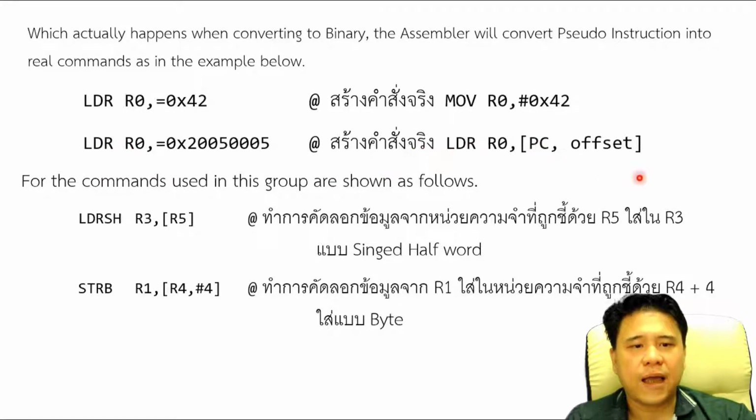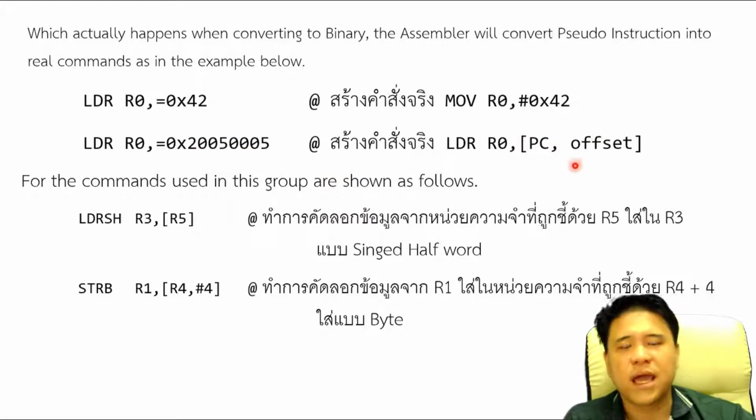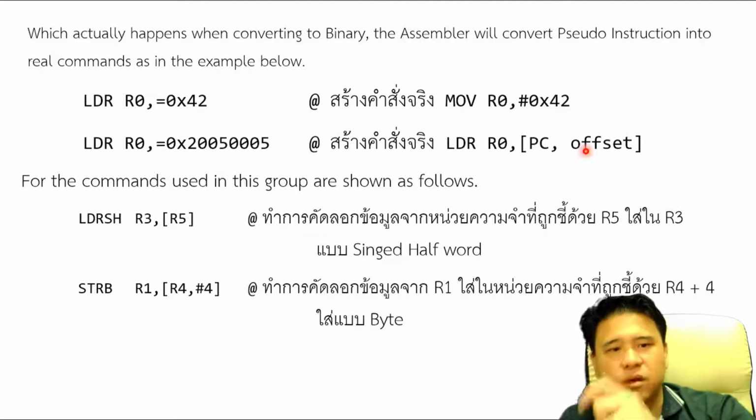But actually what's going to happen is they change your command into LDR R0 with PC, comma offset. And what is PC and comma offset? Actually, they will put this constant in a specific location inside your memory, and you use the PC followed by the offset to copy that value and store it into R0.